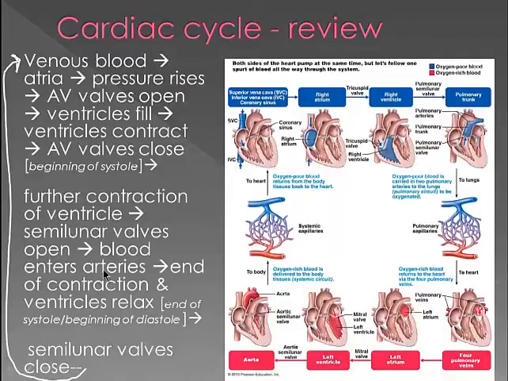So the blood enters the arteries. And then at the end of contraction, when the ventricles begin to relax, so at the end of systole or beginning of diastole, you can see as the blood tries to come back into the ventricles, the sinuses fill and the semilunar valves close, and then the whole cycle begins again.